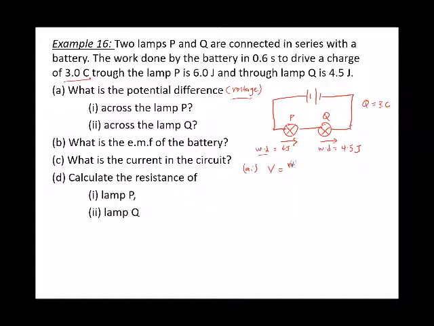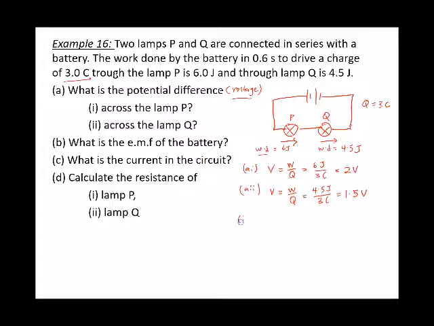V equals W over Q. The work done is 6 joules, the charge is 3 coulombs, and you will get an answer of 2 volts. What about part 2? What is the voltage across lamp Q? Same thing, V equals W over Q. The energy required is 4.5 joules divided by 3 coulombs of charge. You get 1.5 volts.